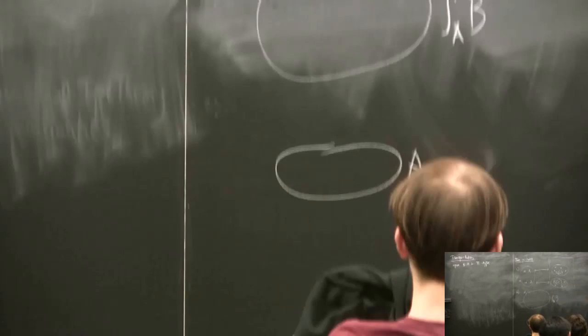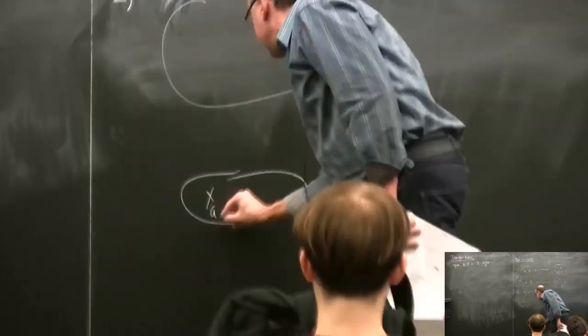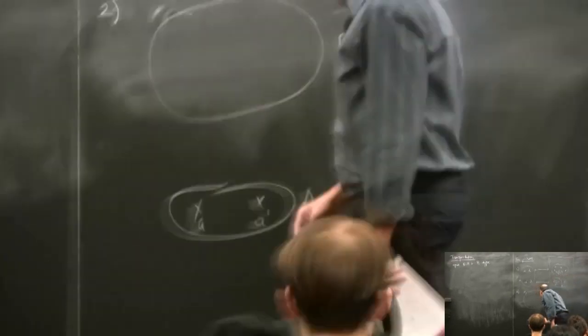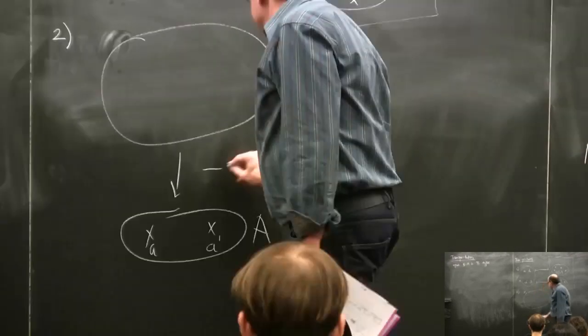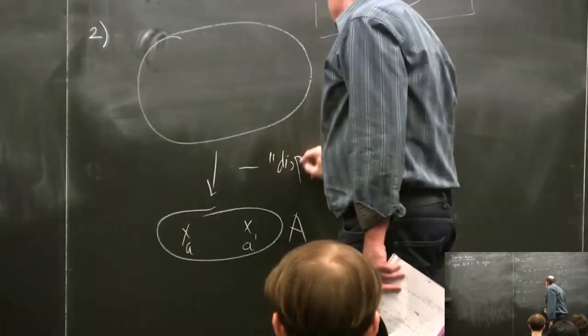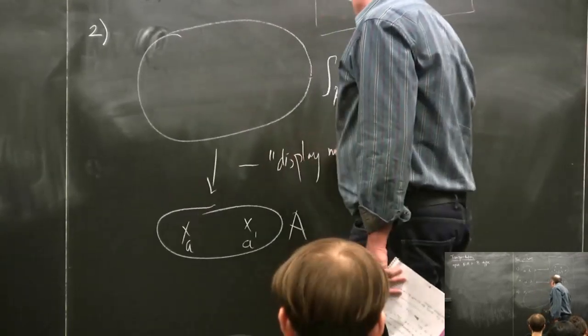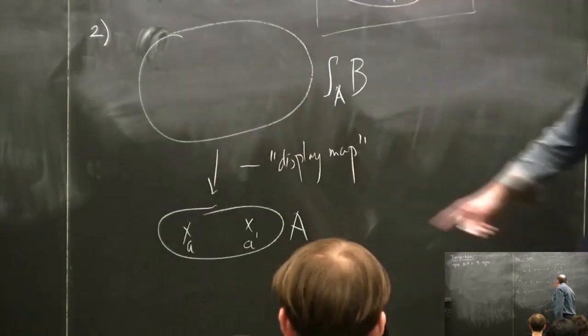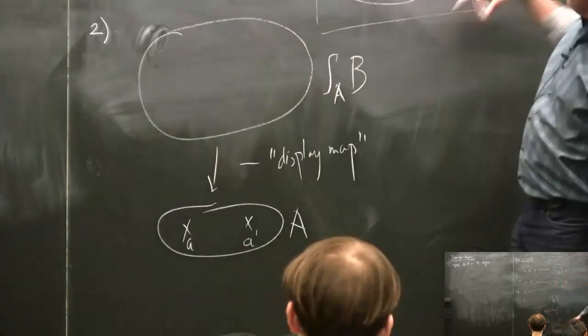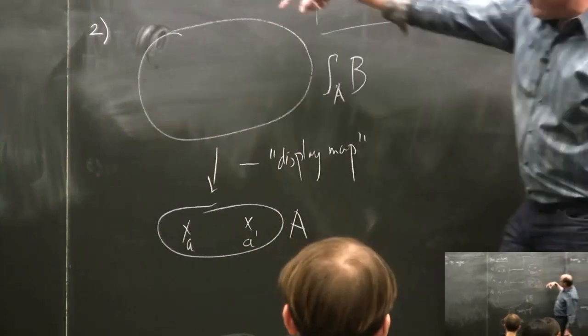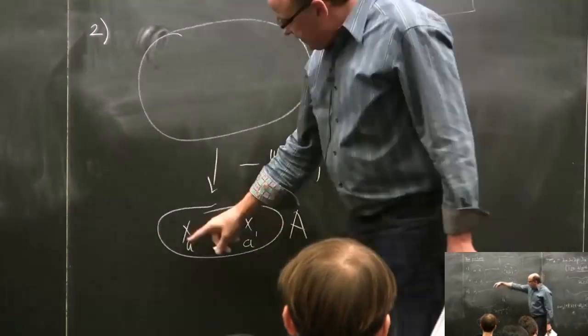And the idea is that down here are my A's, like A and A prime. And I have what is called a display map, which tells you for each element of this big disjoint union, where did it come from?